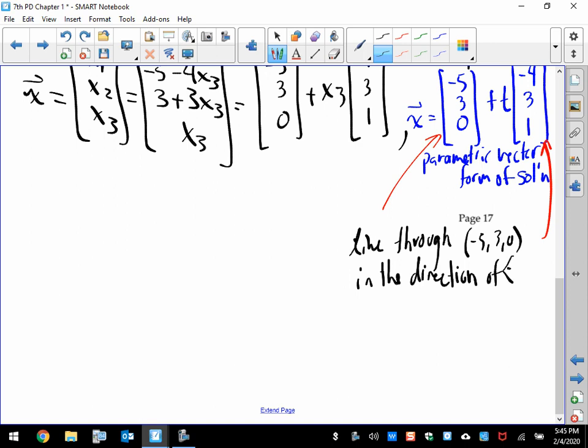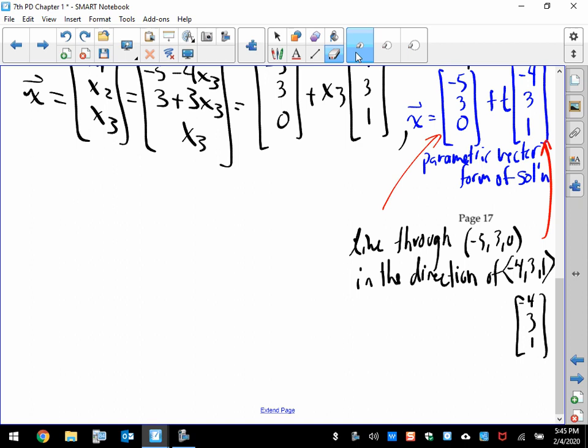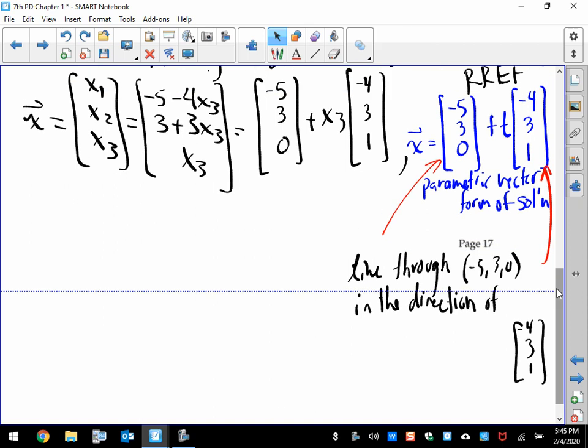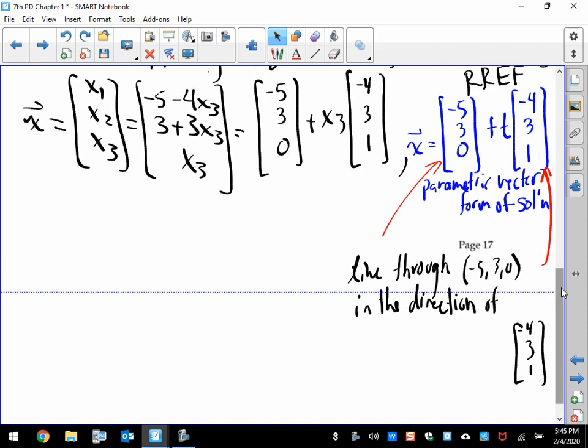You can write it as a column. I'm just going to use our notation here. It's probably better to use a column so that we keep the notation as similar as possible. So we'll just replace it there. All right, so that's the idea there.